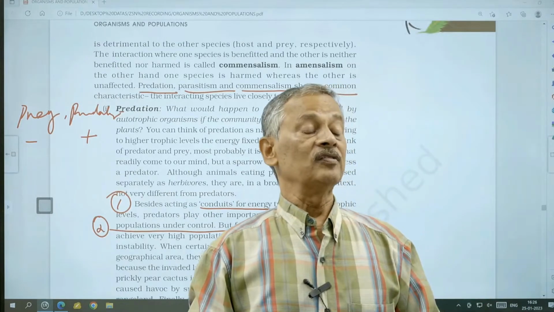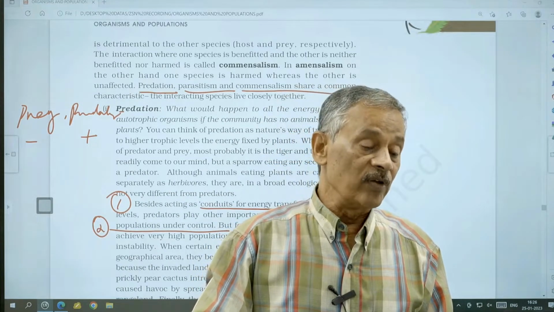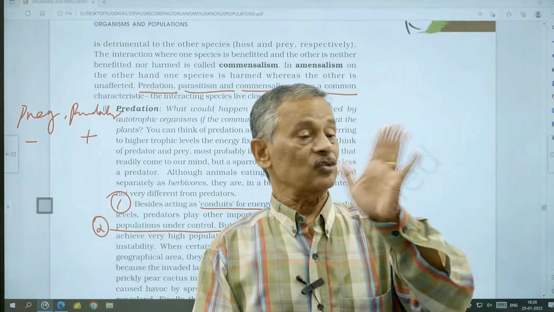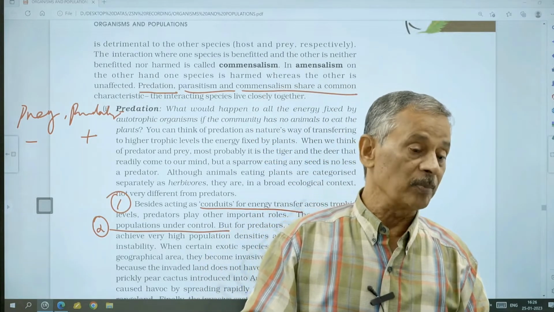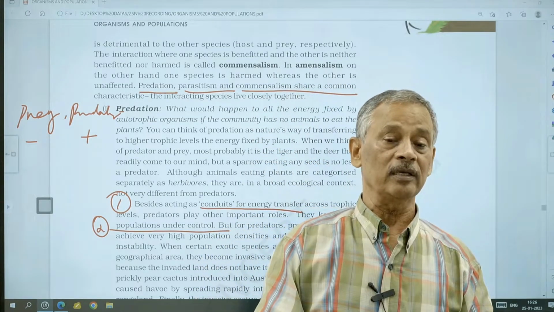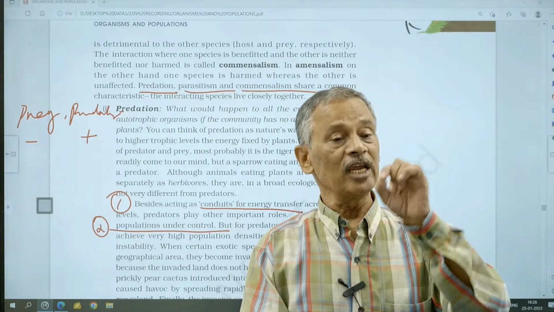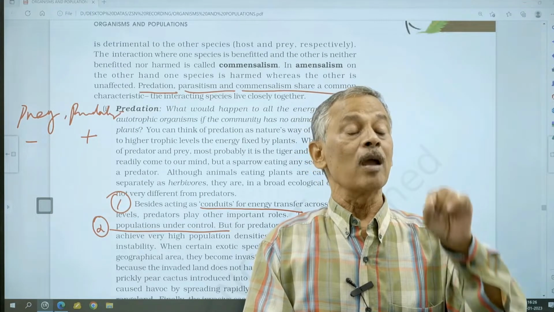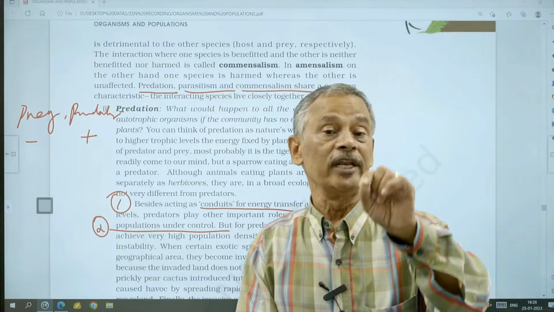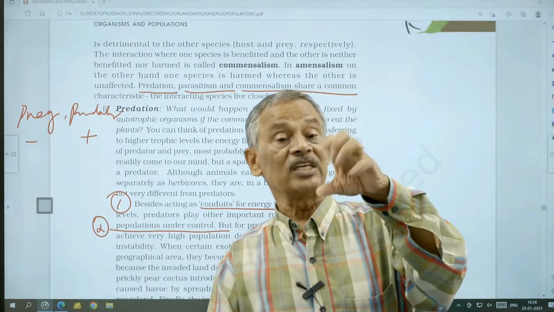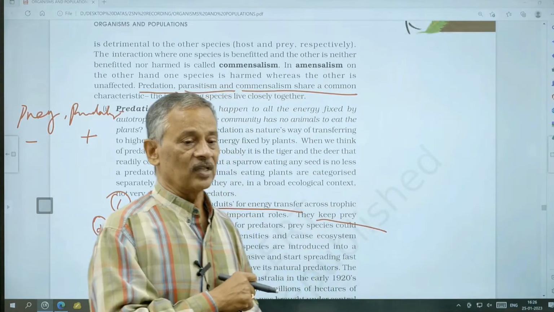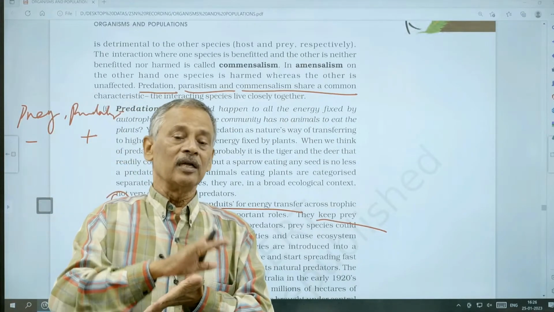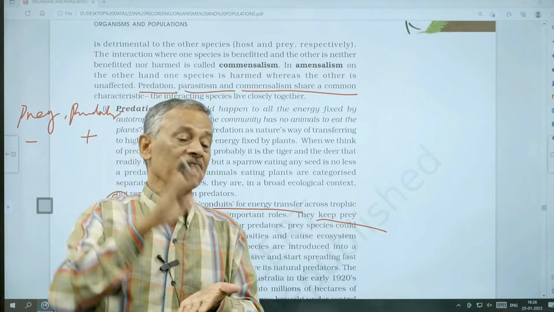Why did this plant become invasive in Australia, but it is not causing any problem in Mexico, from where it was imported? It is because in their native place, there is a moth that is feeding on it, a predator that is eating the cactus. So because of the predator, the cactus population was kept under control.